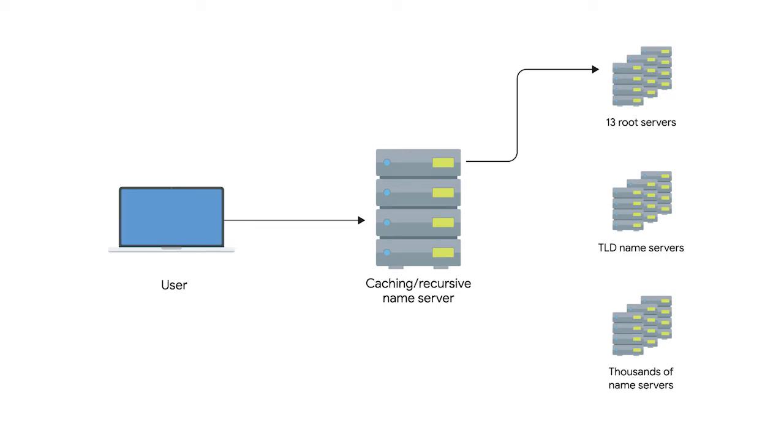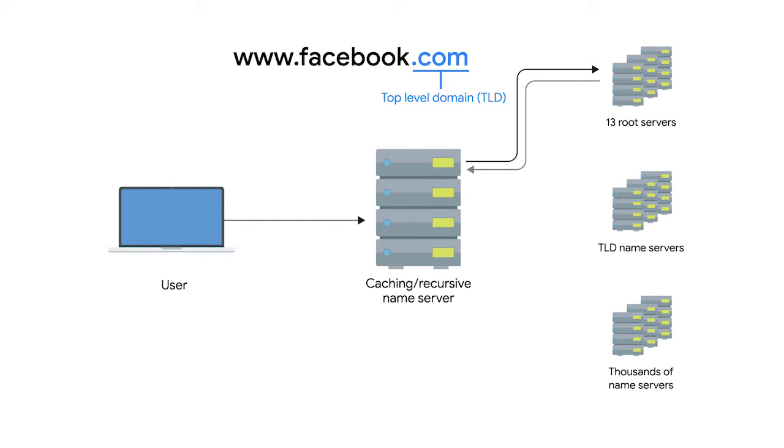The root servers will respond to a DNS lookup with the TLD name server that should be queried. TLD stands for top level domain and represents the top of the hierarchical DNS name resolution system. A TLD is the last part of any domain name. Using www.facebook.com as an example again, the .com portion should be thought of as the TLD.